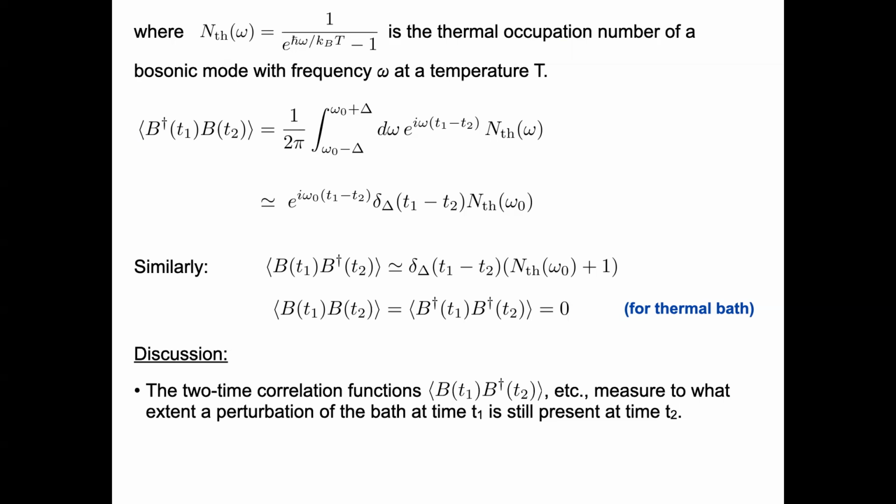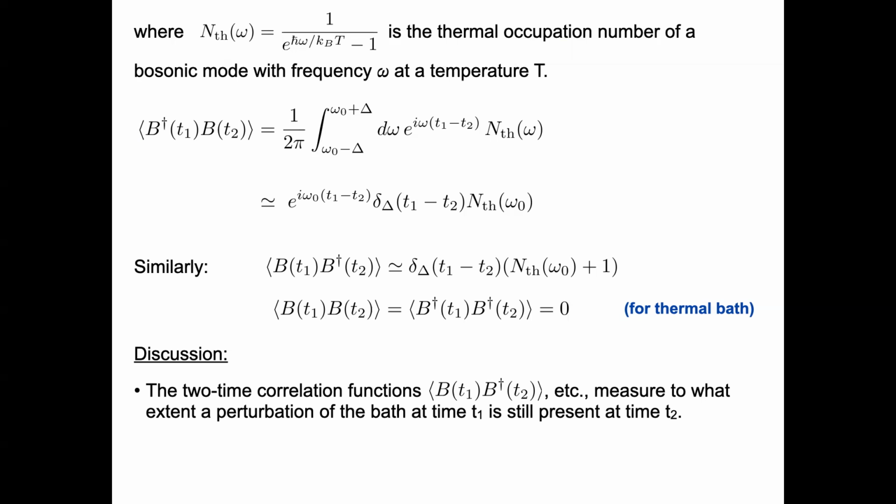Okay, and also, if you think about what this correlation function is, this expectation value: you're in the equilibrium state, you create an excitation at time T2, and then you destroy another excitation at a later time, for example T1.